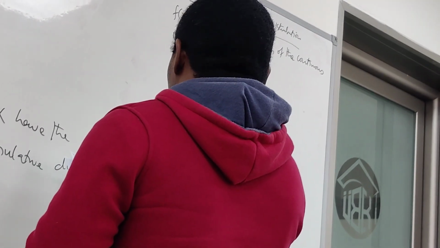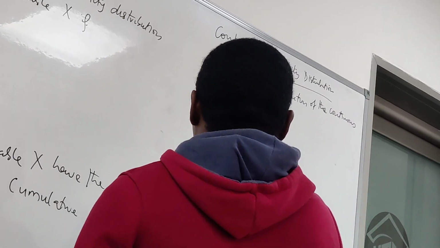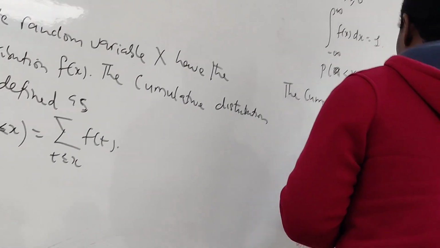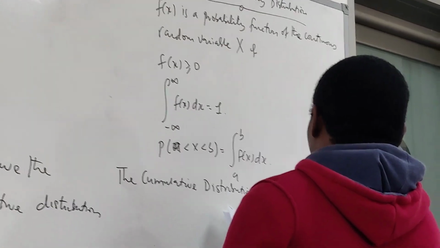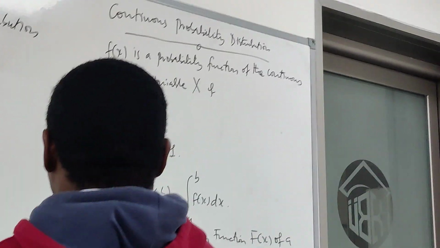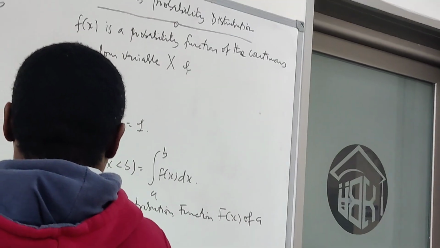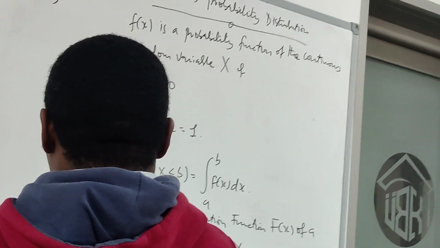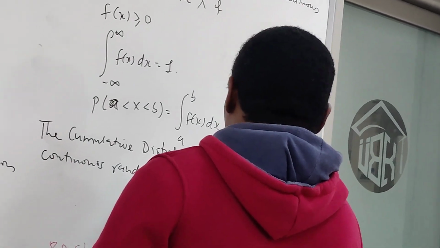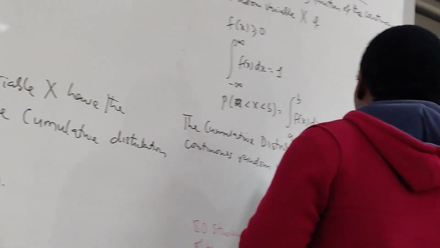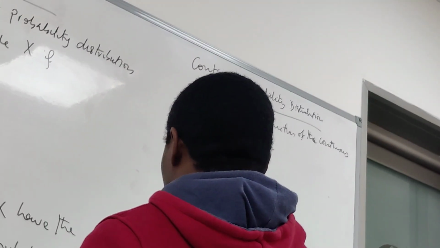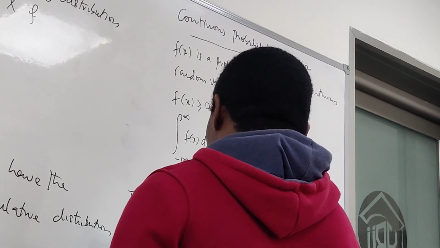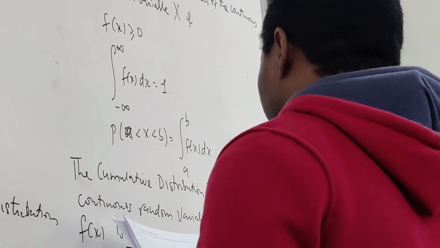The cumulative distribution function F of x of a continuous random variable x with density function f of x is F of x equals the probability of X less than or equal to x, which is the integral from minus infinity to x of f of t dt.